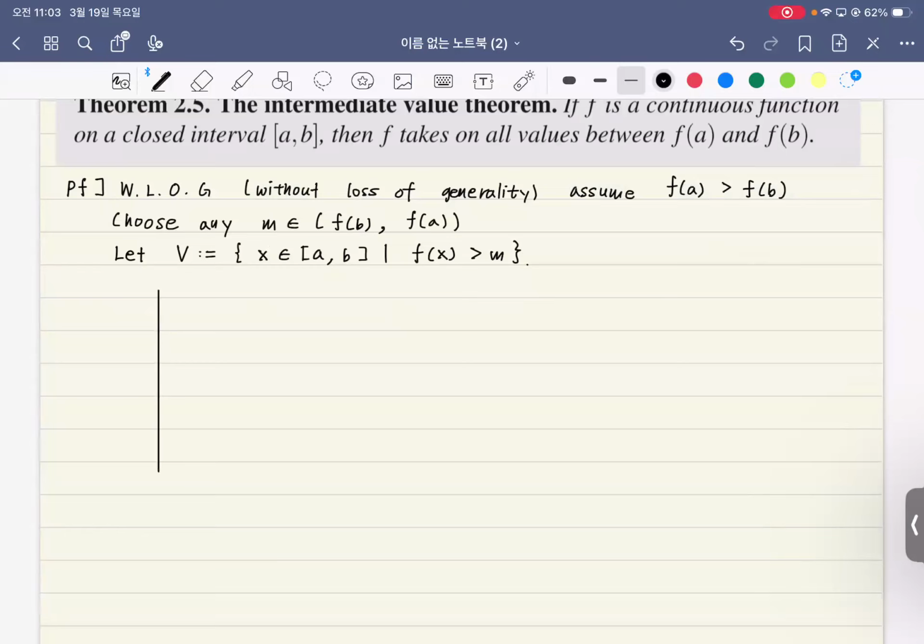So what is this? In picture, we are assuming f(a) is greater than f(b).